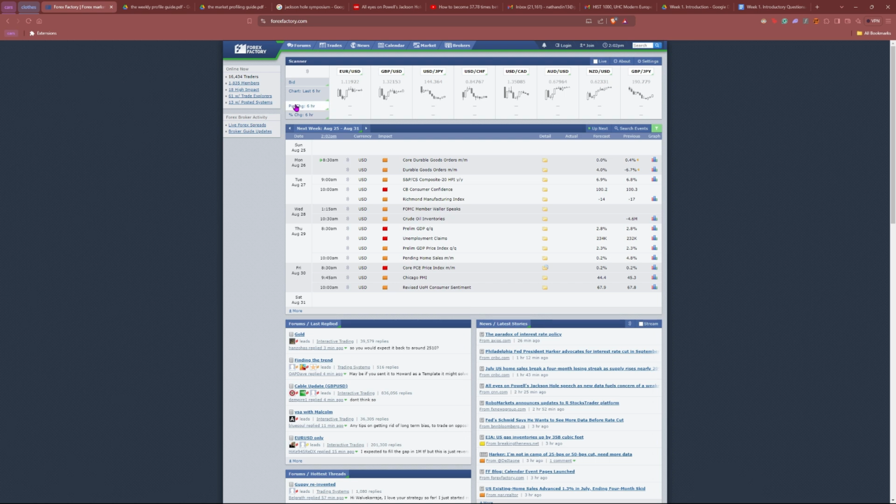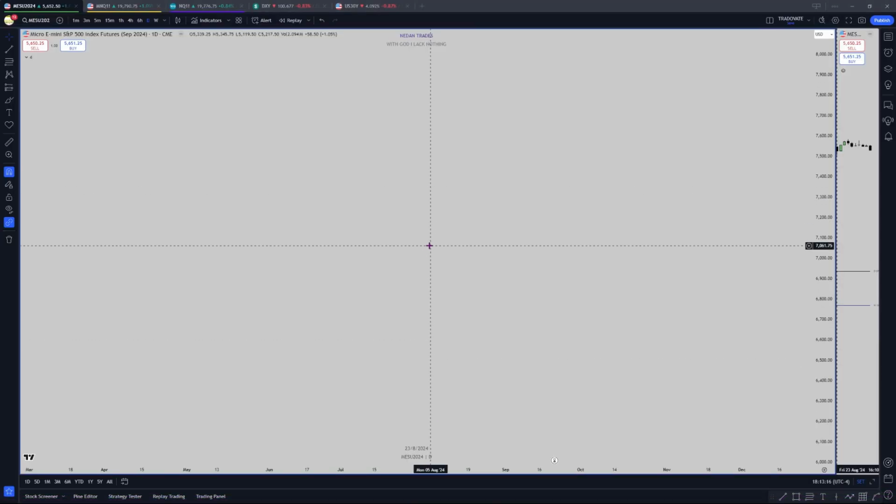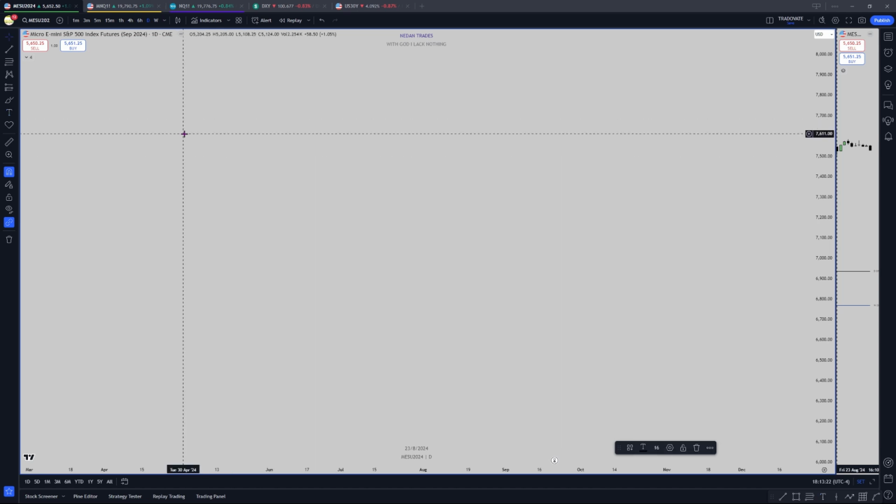Okay, so first off, I always look for days that we have red folder news. So next week, it's gonna be Tuesday, Thursday, and Friday. This is very important because the 3 days you usually want to look for large expansive moves in the markets would be Tuesdays, Wednesdays, and Thursdays.